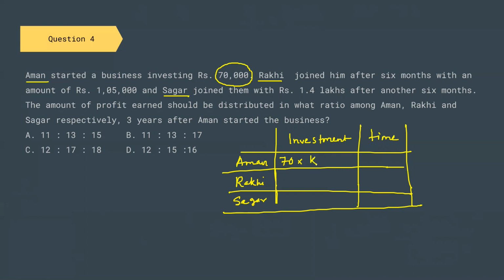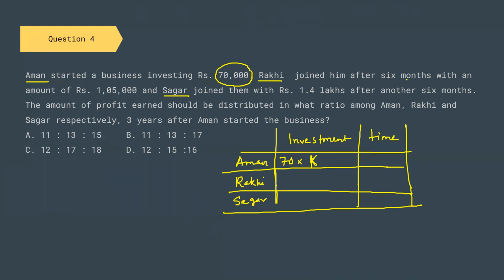Why I'm writing K is because it might happen that every time you write three zeros, in some step you might add an extra zero, and in some step you might forget one zero. So this is going to affect your answer. That is why instead of writing three zeros, I'm just writing a single K.